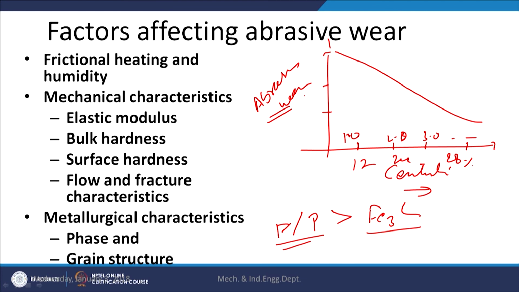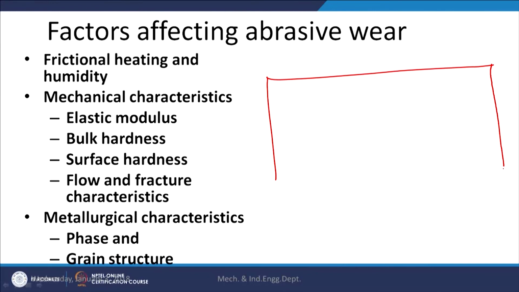Similar kinds of studies can be undertaken for varying fractions of different hard constituents being reinforced in the soft and tough matrix. Apart from the fraction of the hard phases, it is important not just the fraction, but how they are distributed and what their size is.